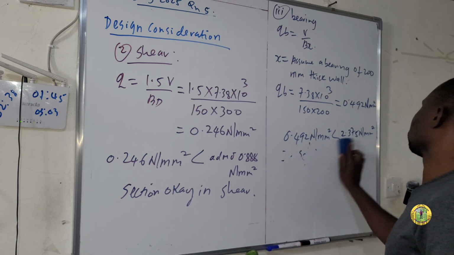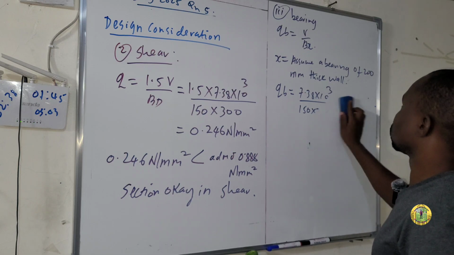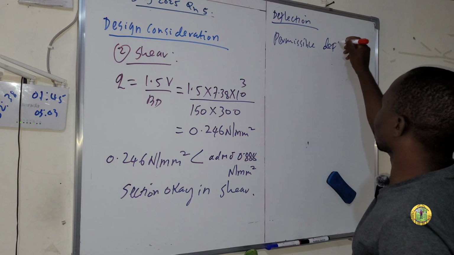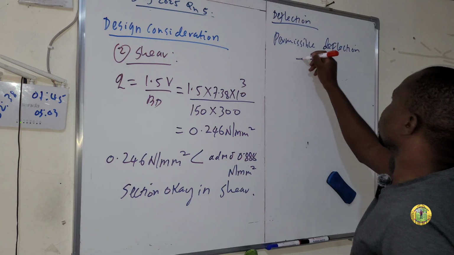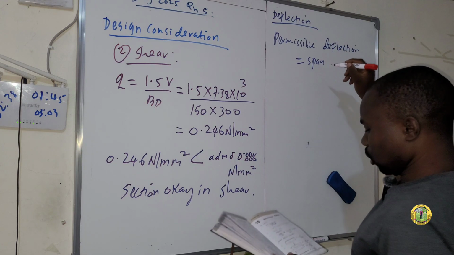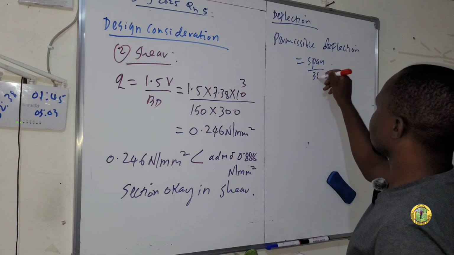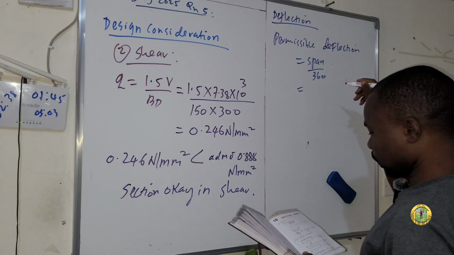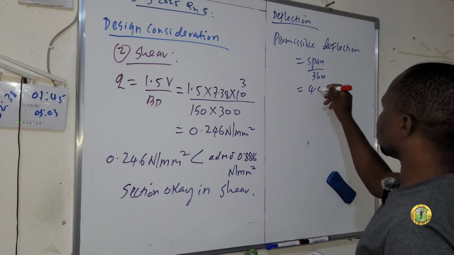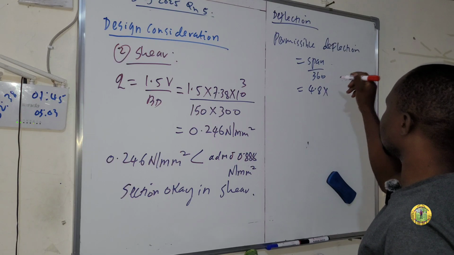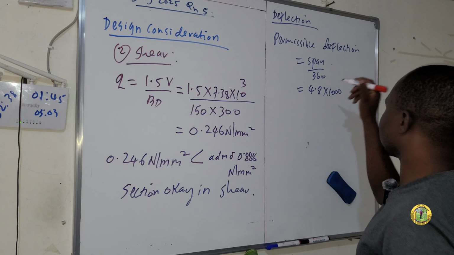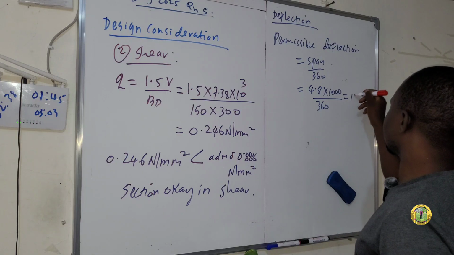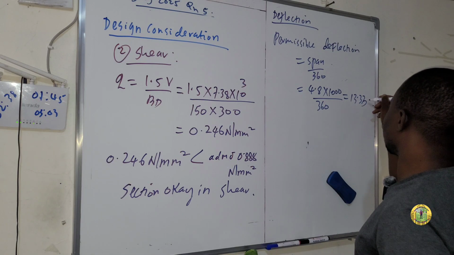So deflection. The permissible deflection is equal to span over 360. Our span is 4.8 meters, so convert it to millimeter, multiply by 1000 over 360. This one will give us 13.33 millimeter.